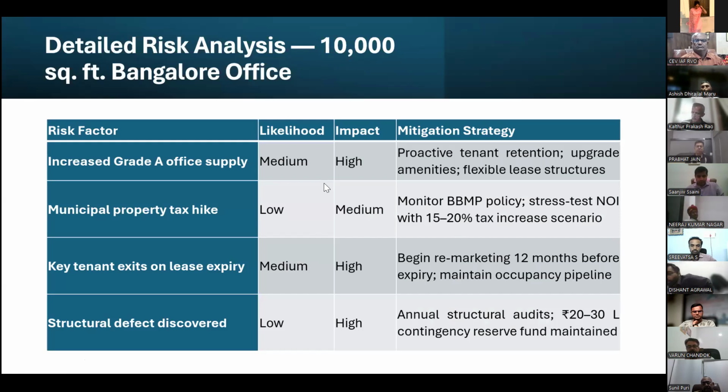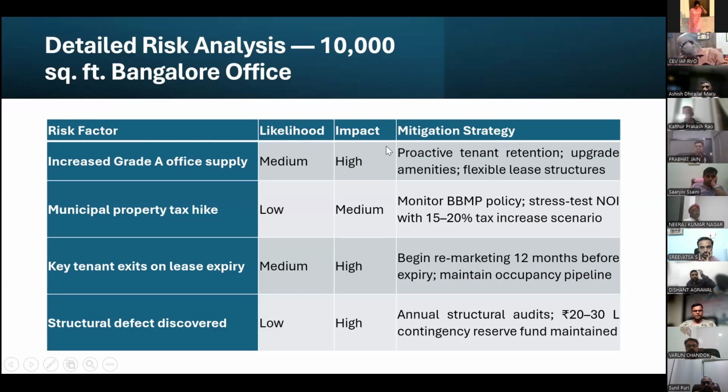So risk factors, you can check from this table. If there is higher supply, there are fewer chances, but its impact is very high. Mitigation strategy means proactive tenant retention, upgrading amenities, flexible lease structures.